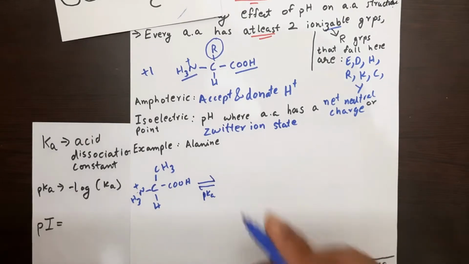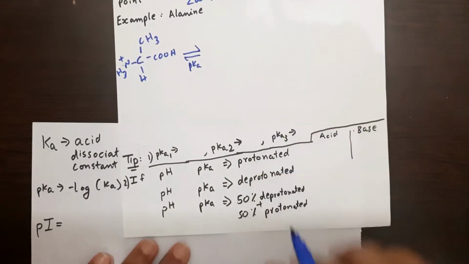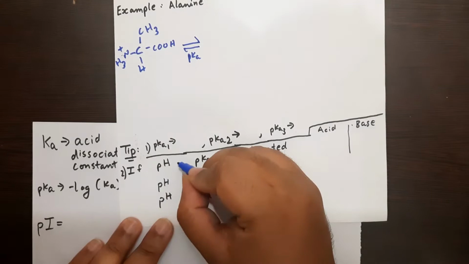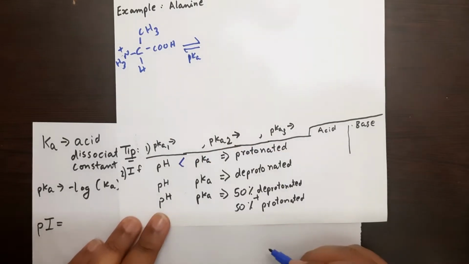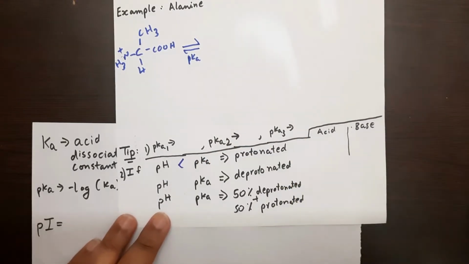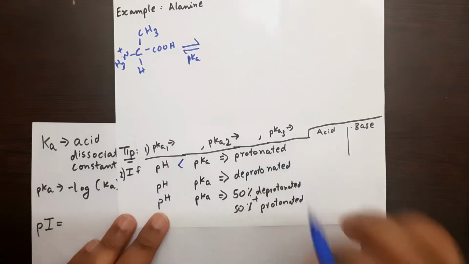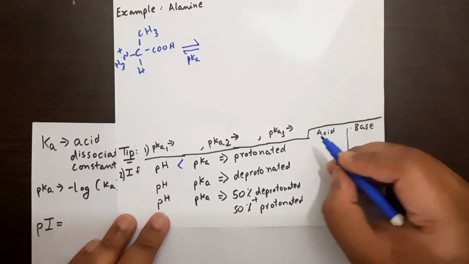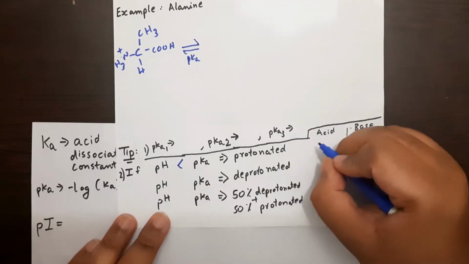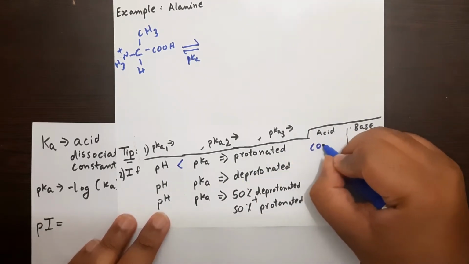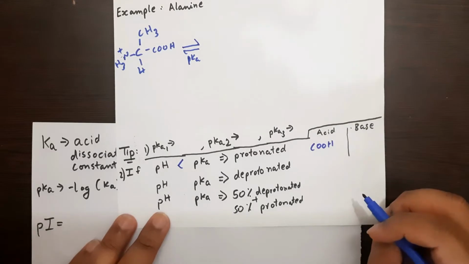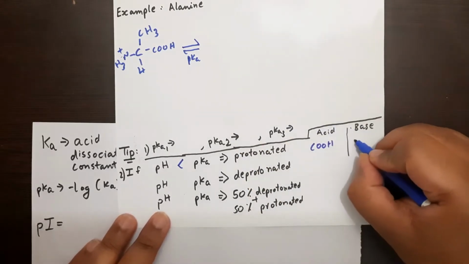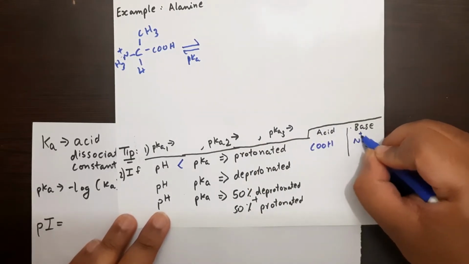So there are a few conditions that occur. If the pH is less than the pKa value for that particular group, then that group becomes protonated in nature. If you look at the acid, that is the carboxyl group, if the pH is below the pKa value, then it becomes a COOH structure, and the base amino would be in the NH3 positive structure.